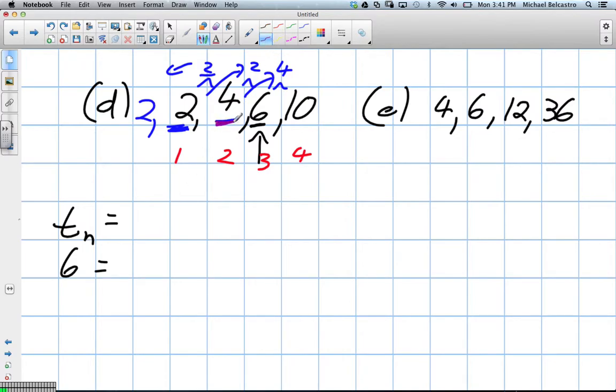Actually, we're taking the value before that, so always represent that as t at n minus 1, and we're adding the value of the number before that, which in this case is t at n minus 2. So we're essentially just adding the two values beforehand.